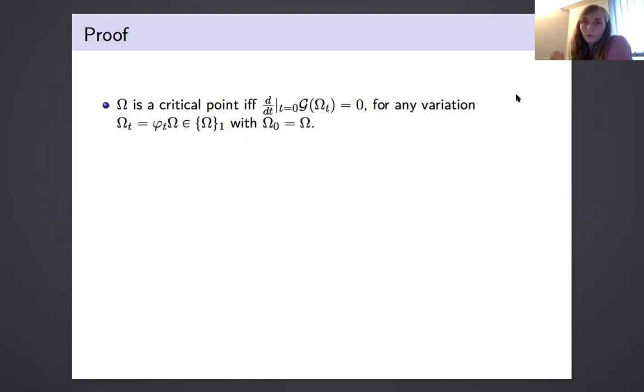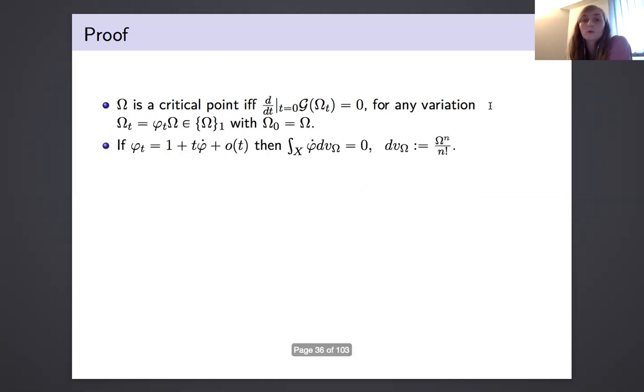And the proof of this goes as follows. So first of all, a metric is critical if for any variation up to order 1, the differential is 0. And now a variation up to order 1 has to satisfy that the mean value of phi is 0. dV_omega always is the volume induced by the metric.